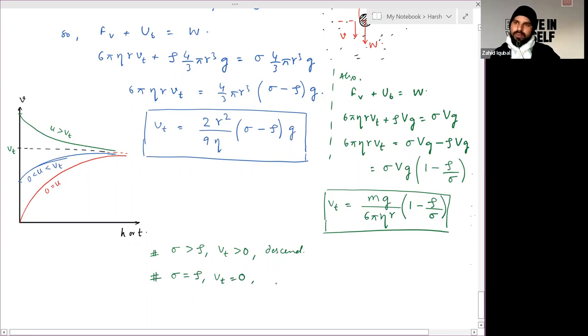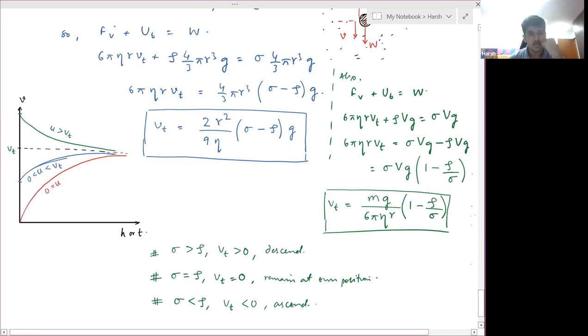It will remain at its own position in equilibrium. Third, if sigma is less than rho, terminal velocity will become negative, and the object will start ascending. Is it clear? Yes, sir.